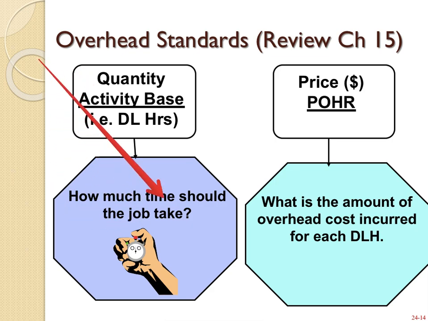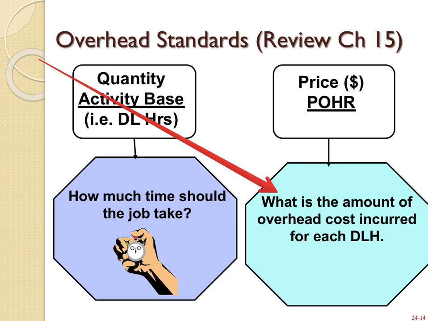So again, if it's direct labor hours, how much time should the job take, we'll just time that. And then for the dollar piece, we're going to use the predetermined overhead rate. And if you recall from chapter 15, that's an estimate that shows the relationship between overhead costs and the activity base.